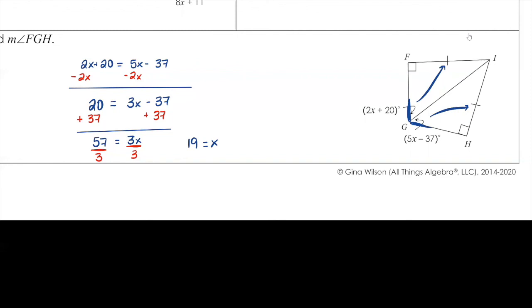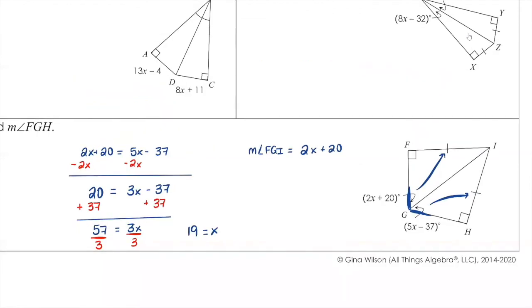So let's find the measure of angle FGI. The measure of angle FGI is 2x plus 20. Does everybody see where I got that from? So FGI. That's this angle right yonder. I could have also used HGI.